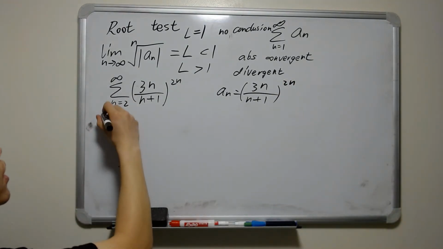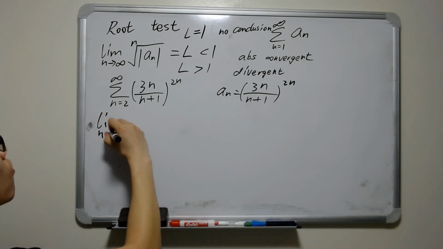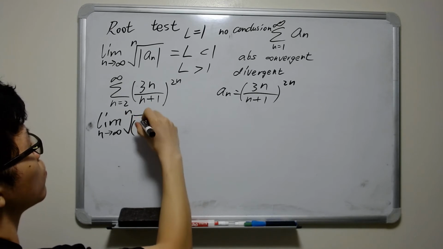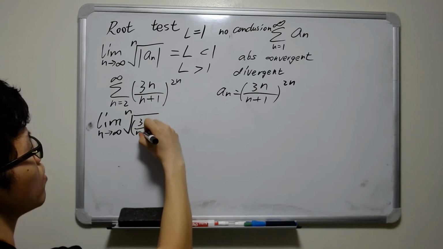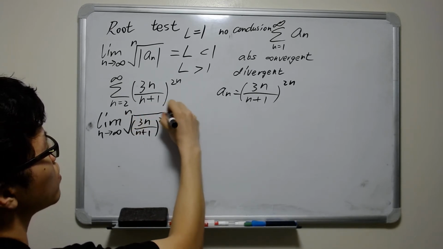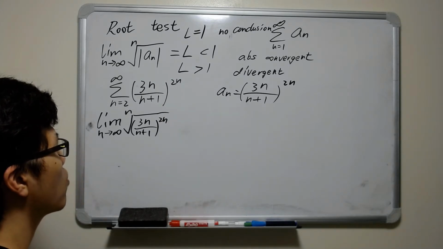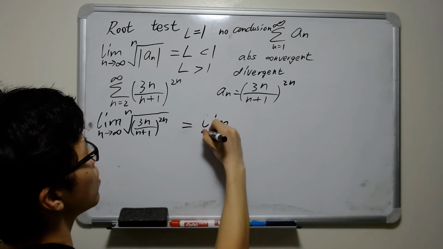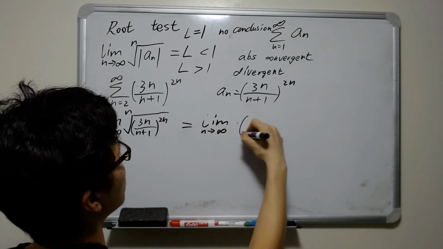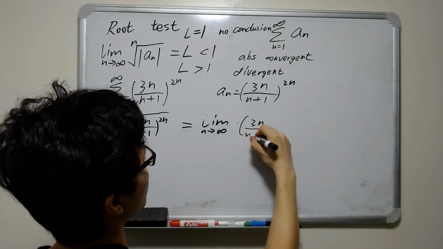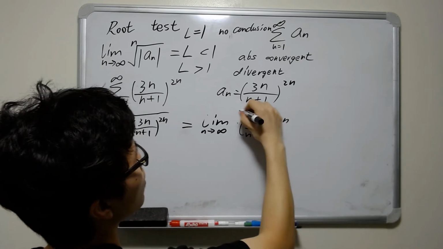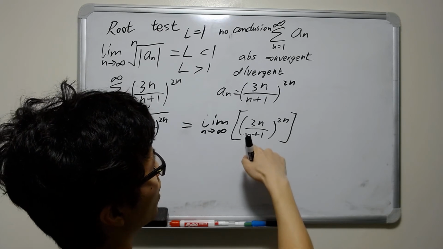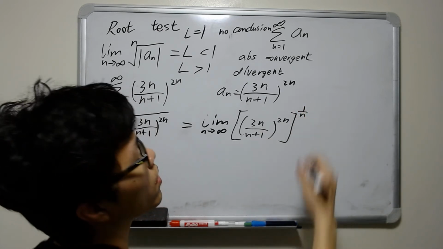Okay, so I find the nth root of a_n: the nth root of (3n over n plus 1) to the 2n. The nth root is equivalent to taking the power of 1 over n.